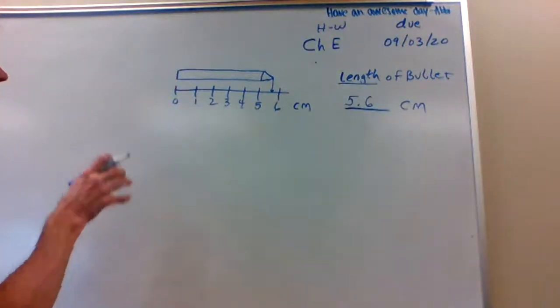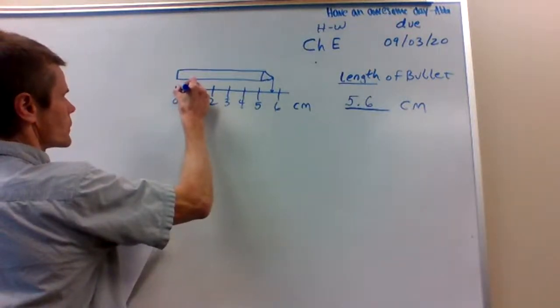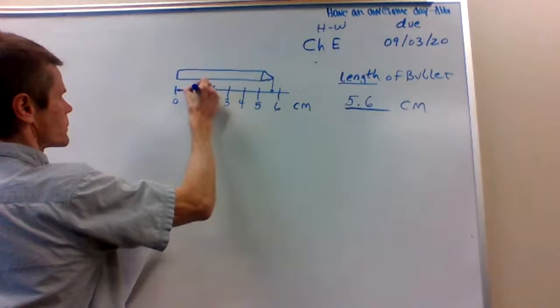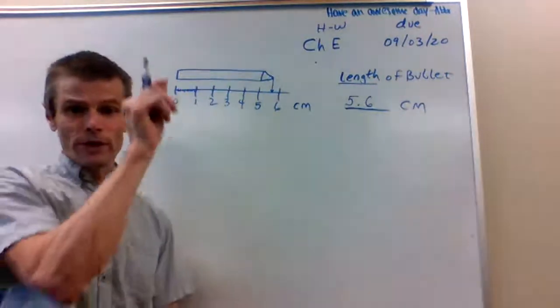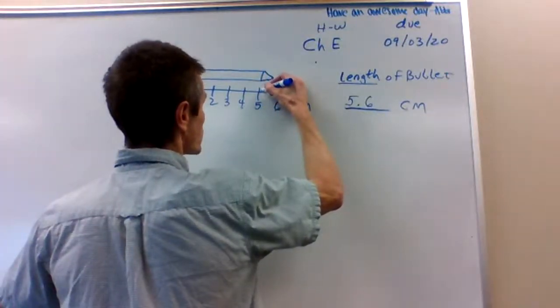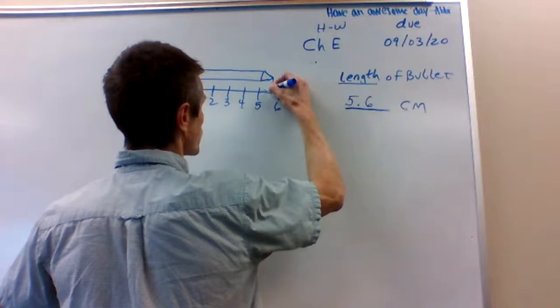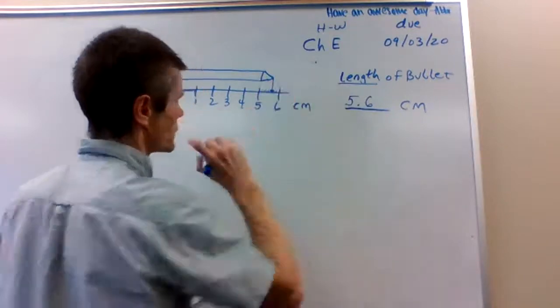Okay, let's use a different ruler. Let's use one now that has scale markings. Okay, that gives you an idea of what we're going to do. We're going to put 10 scale markings between each of these: 5.1, 5.2, 5.3, 5.4, 5.5, 5.6, 5.7, 5.8, 5.9.